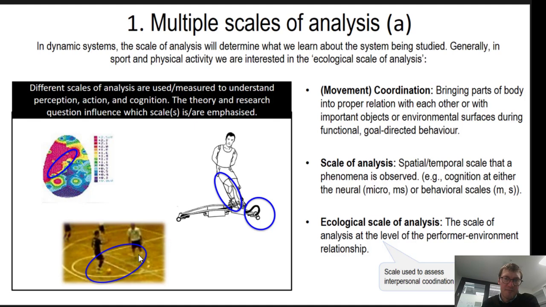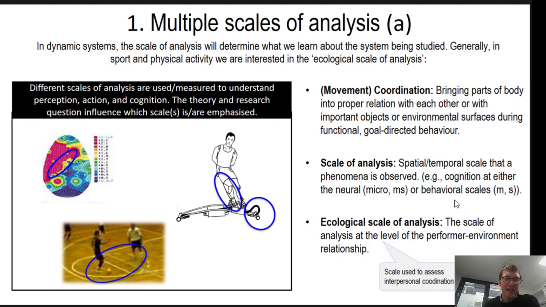Okay. So scale of analysis simply refers to the spatial and temporal scale at which a phenomenon is observed. Cognition might be neural, or behavior. In terms of time and position, if we're looking at the neural scale, we're going to be trying to measure things in milliseconds and at the micro scale.